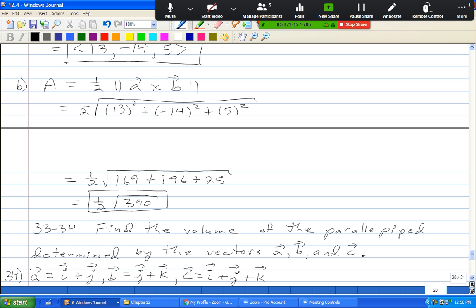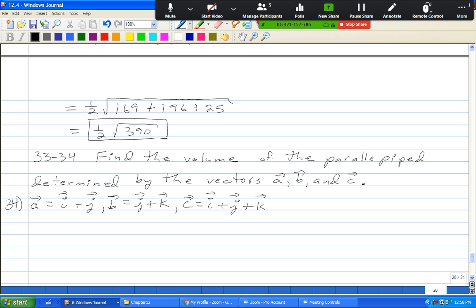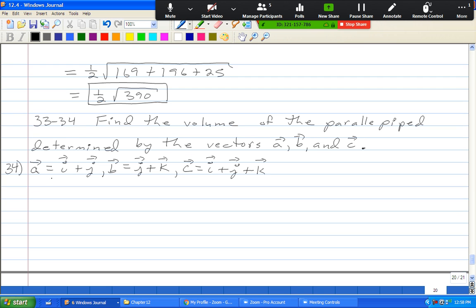In exercises 33 through 34, find the volume of the parallelepiped determined by the vectors A, B, and C. Okay, so the volume will just be the absolute value of A dot, this triple product, B cross C. So it's the absolute value of this determinant.